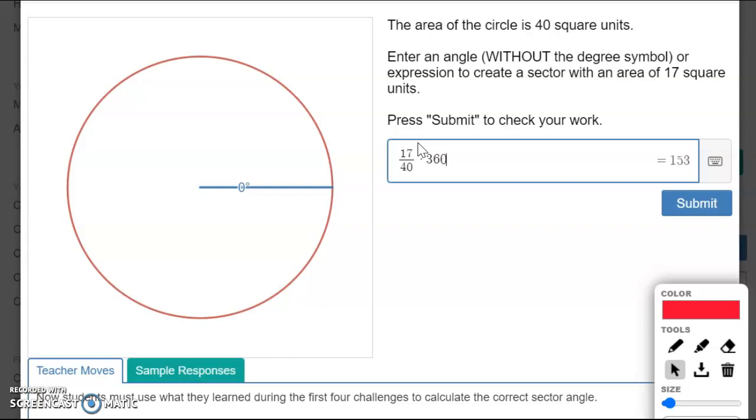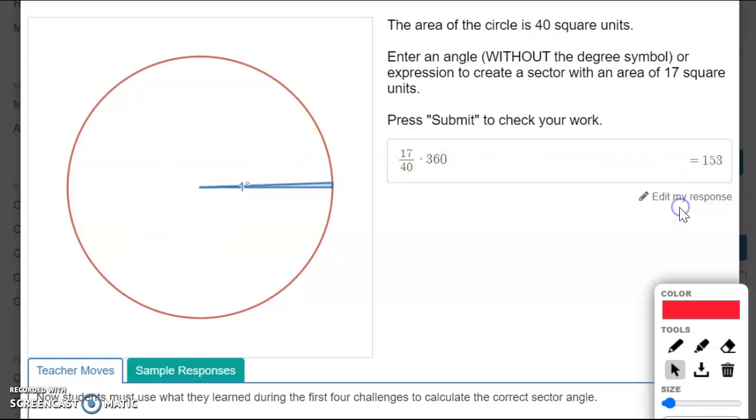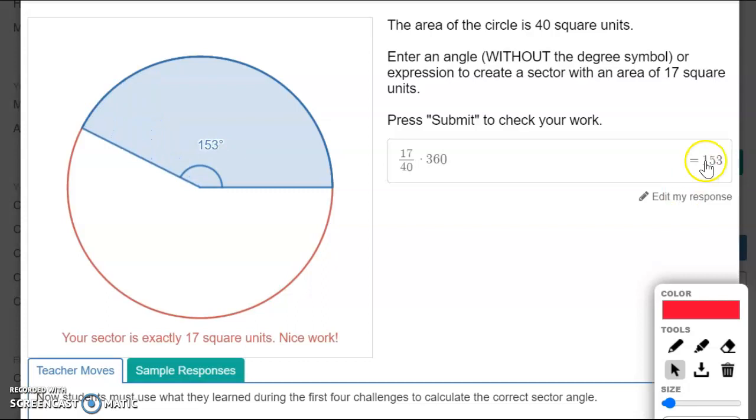One revolution is 360 degrees. So 17 square units out of a possible 40 is a fraction of a whole circle. And that's going to be multiplied, so that's going to be 153. And that is exactly correct.